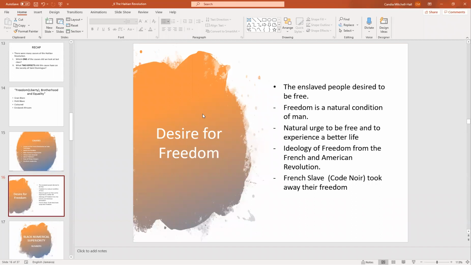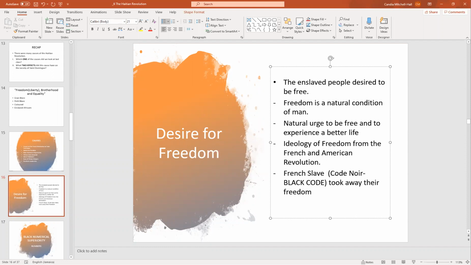Now, one of the reasons why they wanted to be freed is because they were enslaved. Another reason is that as slaves, they lived under a law called the Code Noir or Black Code. That was the name of the slave law. Their entire life, their movement, how they work, how they live, was governed by the Black Code, this French slave law.